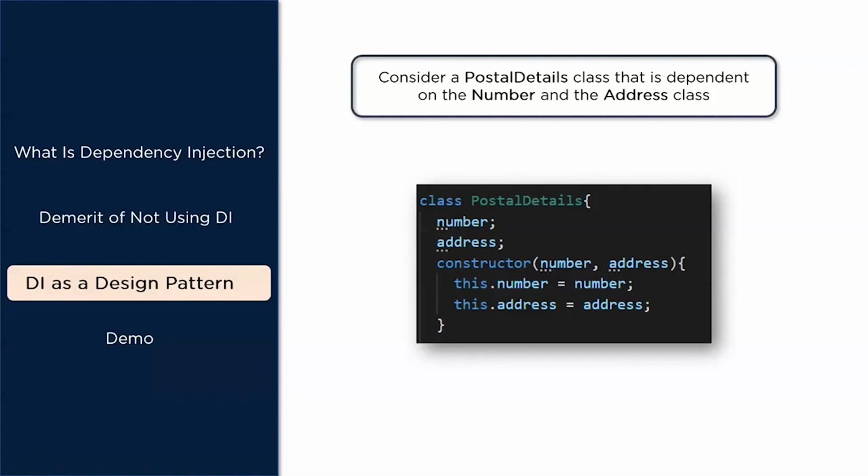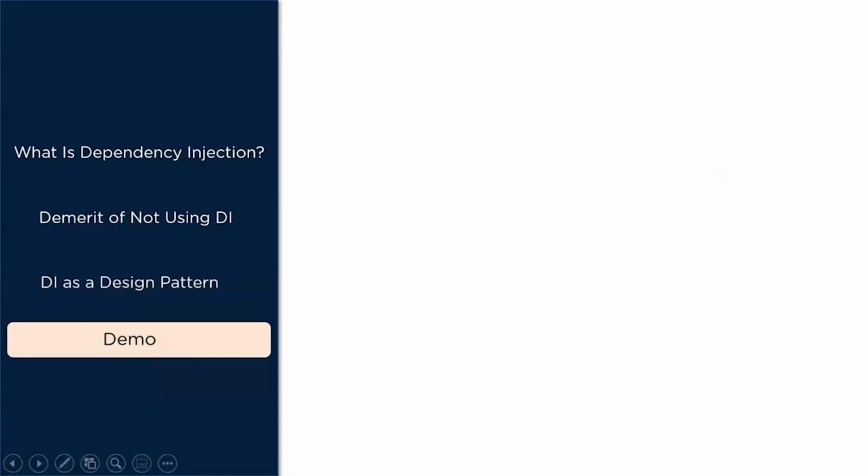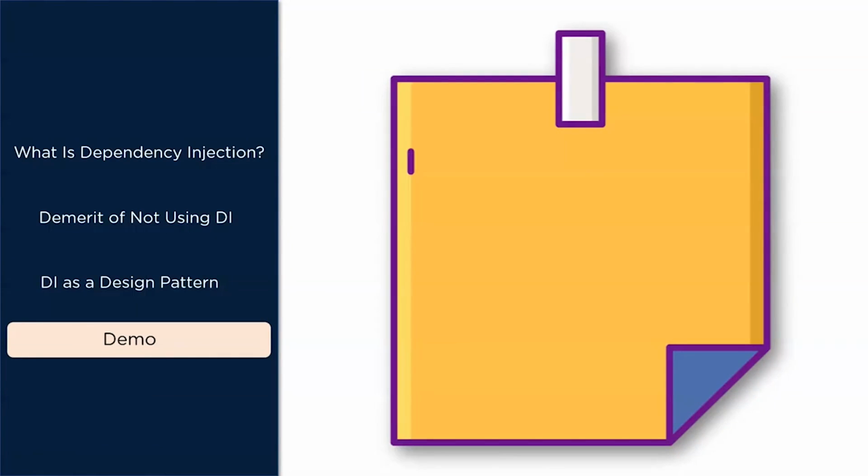So now that you know what exactly dependency injection is and how vital it is, let's look at a simple demonstration to understand the concept better. Now, services, classes, modules, components, all of these are benefactors of dependency injection. So in the demo, I'm going to be showing how dependency injection can be used with the help of services and injecting these services into classes.